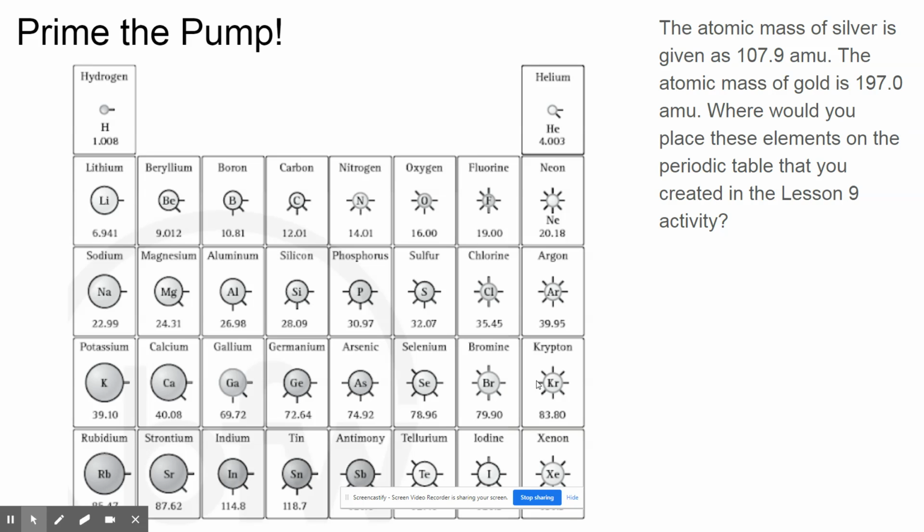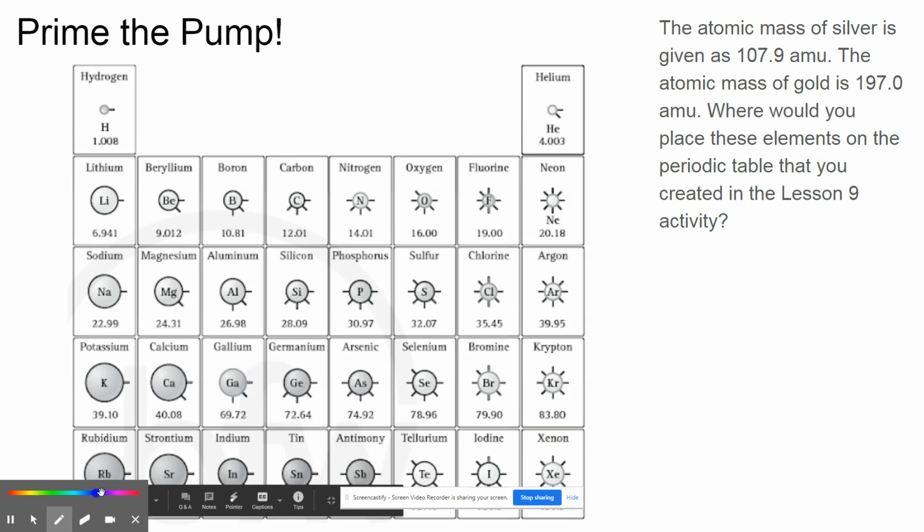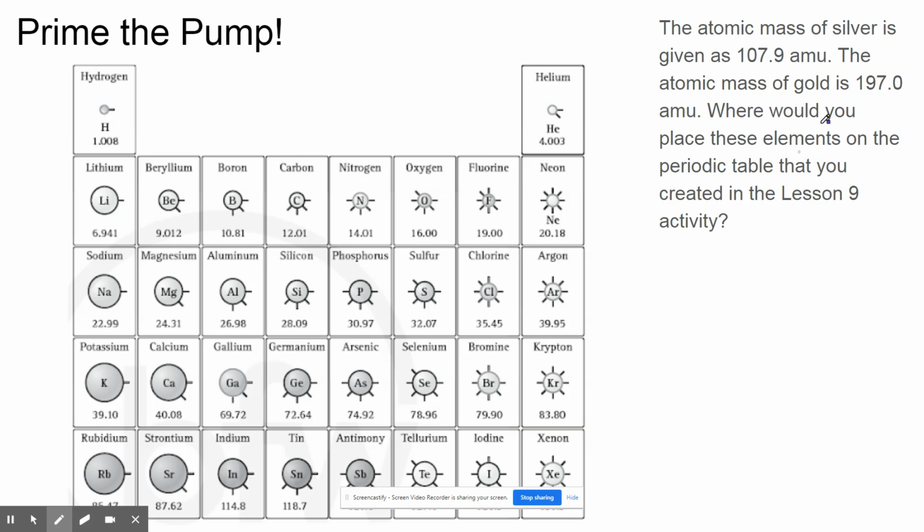If you look ever so closely here, I'll use blue. If I'm looking at silver, 107.9, this periodic table is arranged by increasing atomic mass for the most part. So where could this be?